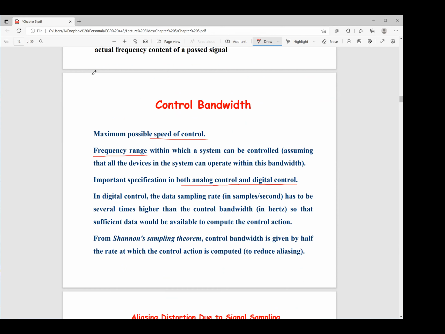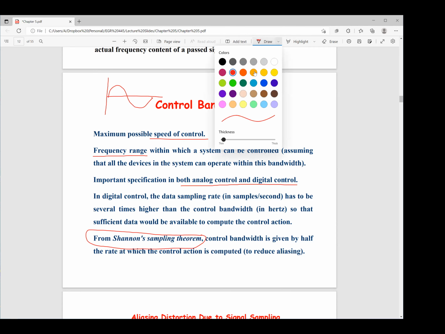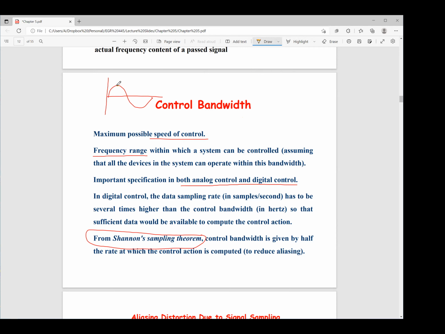but to the disturbances. Now, Shannon's sampling theorem is a very fundamental theorem. So this is what it means. If you have a signal and this signal is varying, if I want to reconstruct this signal, I need to get one sample here, and I need to get one sample here.